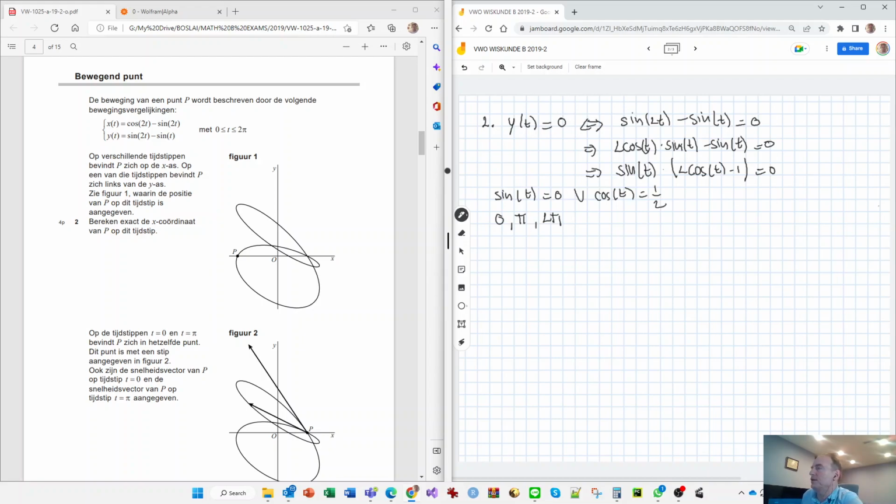Obviously you guys have to be really familiar with these with the sine. So, well, it's here, here, and here. What about the cosine 1/2?